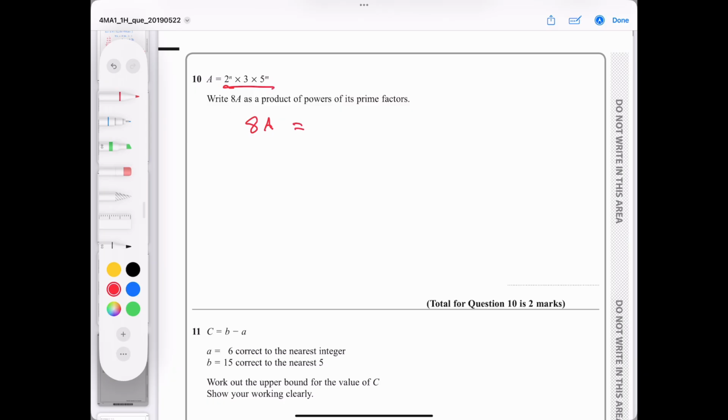Well, 3 you can't do anything to because that doesn't make any difference to 8, so we'll leave 3 like that. 5 isn't anything to do with 8 either. But I do know that 2 to the power 3 equals 8. So I'm going to change 2 and put a 3 there and leave an n there and times that out. So that here is my answer.